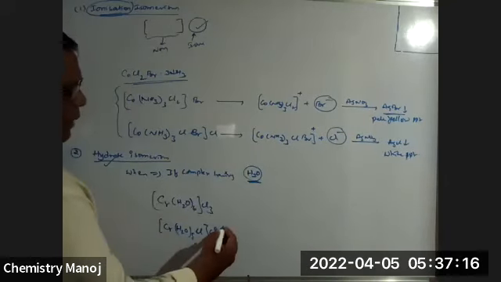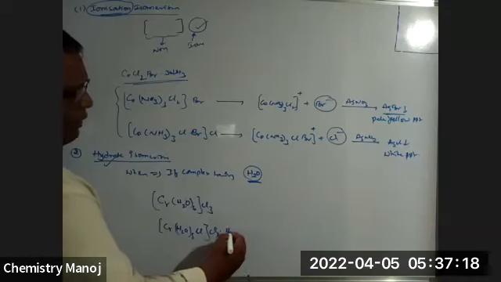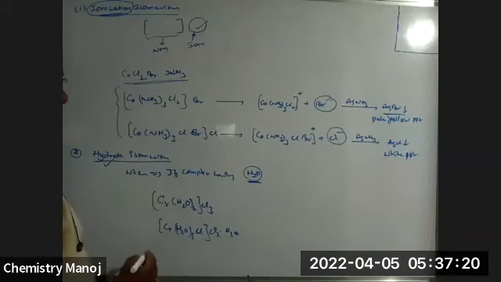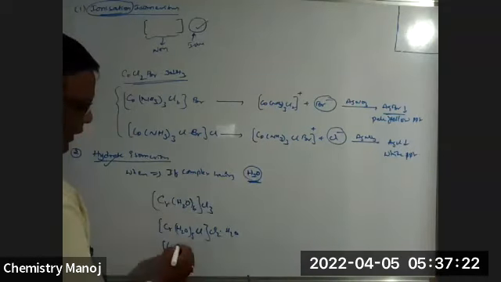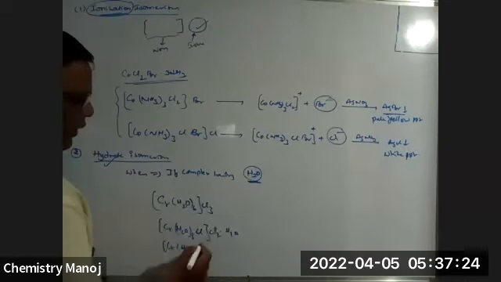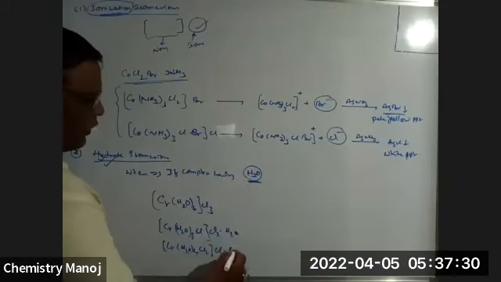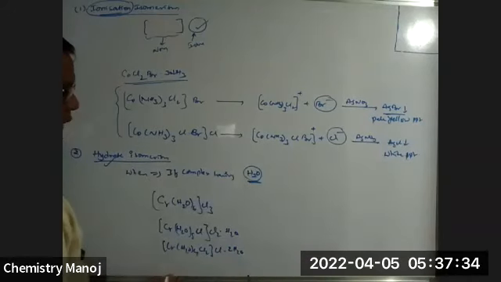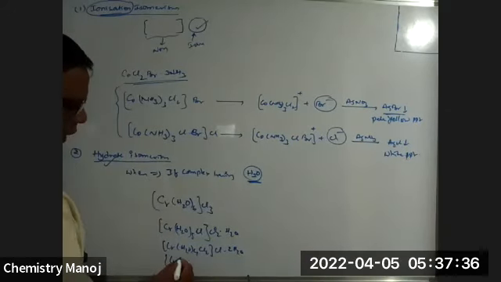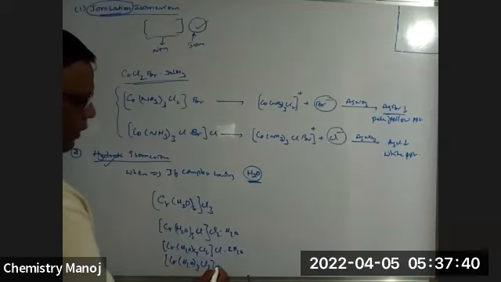It has that much capability, and one water molecule outside. Next, [Cr(H2O)4Cl2]Cl·2H2O. Okay, next one more, [Cr(H2O)3Cl3]·3H2O.